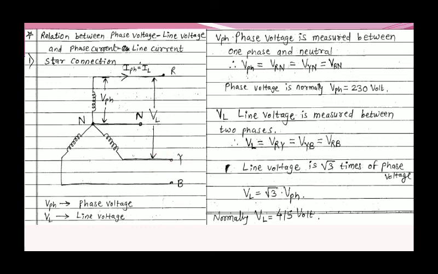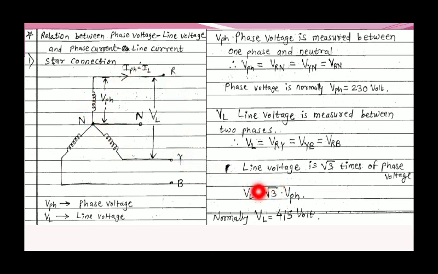So there are three line voltages and three phase voltages in a three phase star connection. There is one formula for line voltage. The phase voltage is quite smaller and the line voltage is bigger, because it is the phasor sum of two voltages.